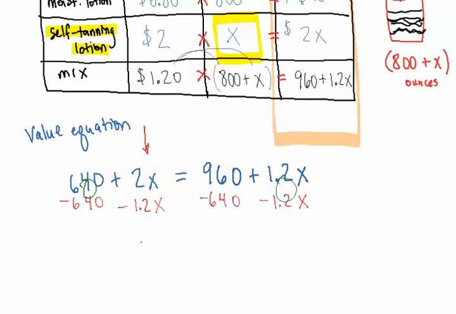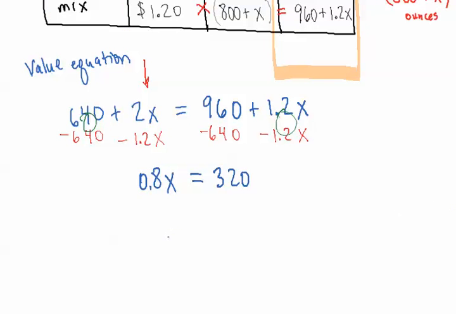So here's the letter side. We get 0.8, 8/10 x is equal to 320 ounces. So then what do we do? Divide by 8/10 on both sides.